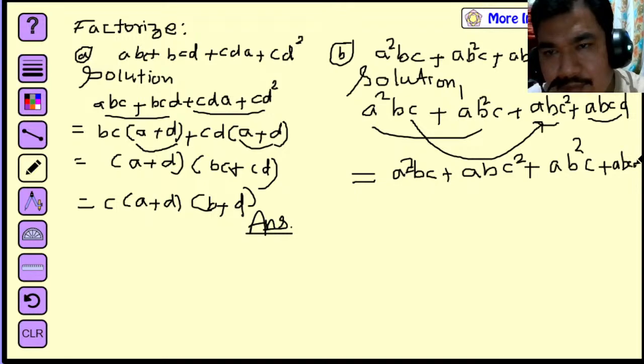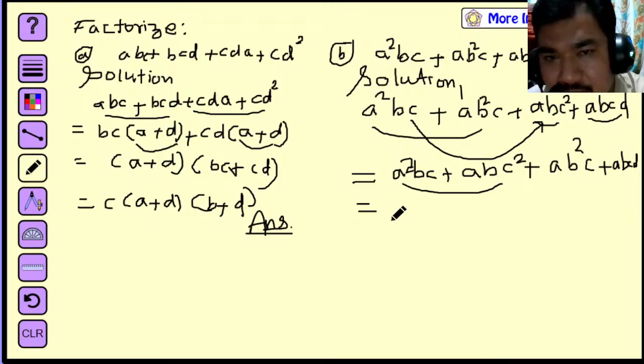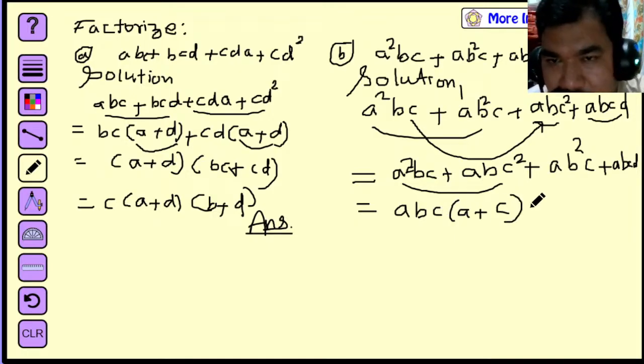Then what will be there, look, in these two terms, what is common now? ABC common, right here ABC common. Then what is remaining here, children? Look, here is A square, that's why one A is remaining here, and here is C square, then one C is remaining here. We have taken one C common.